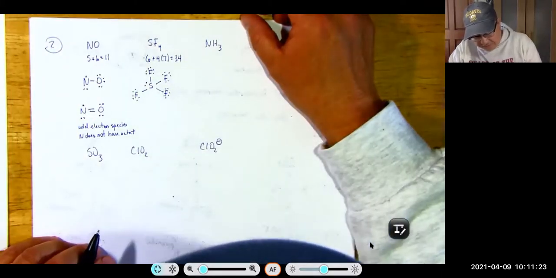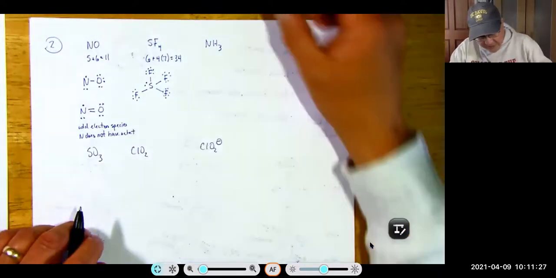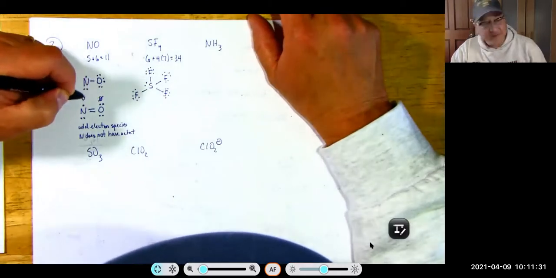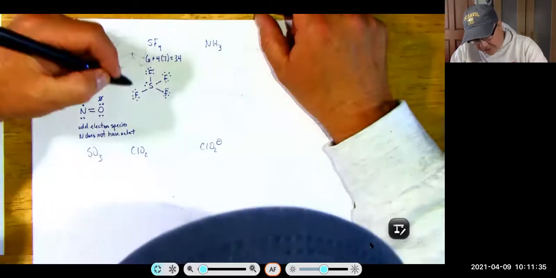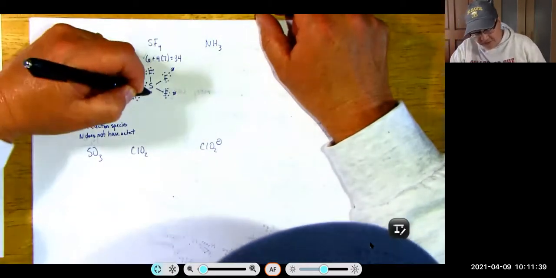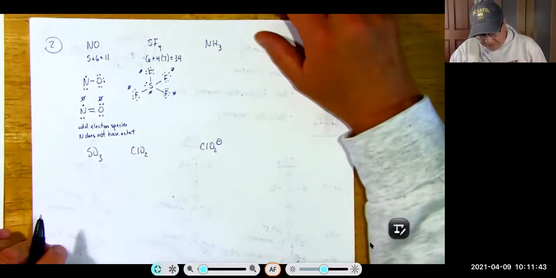Okay, so if we analyze this with formal charges, we're going to find out it works out pretty good. In fact, you get a 0 here and a 0 here, a 0 here, a 0 here, and a 0 here. So, you know, we like this structure based on formal charges.